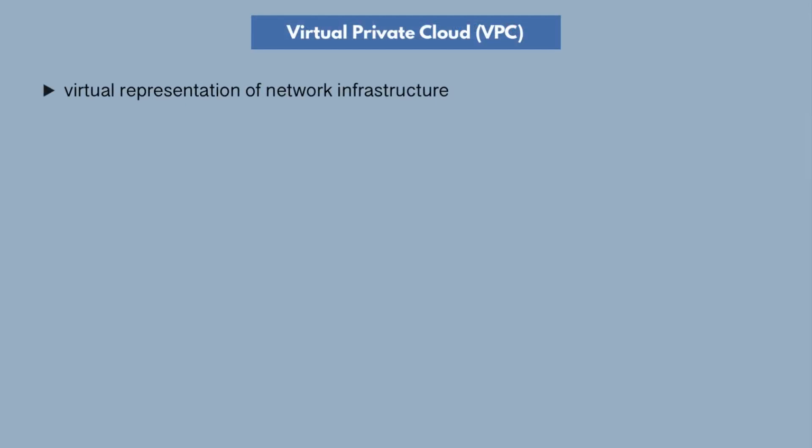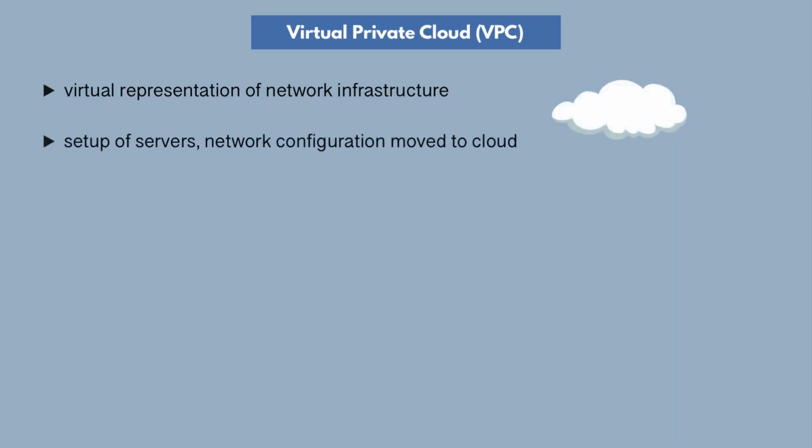When you have servers physically in your company, which was the traditional way of hosting servers and applications before cloud, you have sysadmins that set up, configure, and manage this whole network. They set up the router, they do all the network configuration, configure the firewall, and so on. So all of this physical network infrastructure is now moved into the cloud, and VPC is the representation of this.